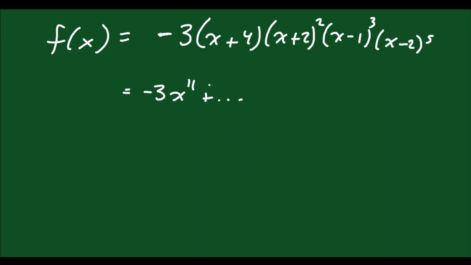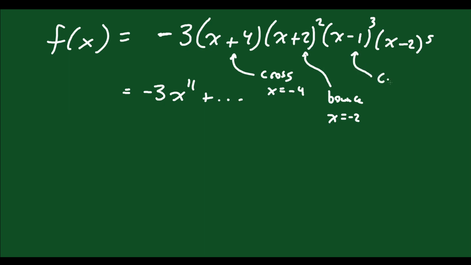So it's an odd exponent polynomial, and there's a negative on the front. So it's going to end up going down. It's going to start by going up, right? So on either end, it's going to look like this, and then something's happening in the middle. Now, what about all these factors here? What about all the roots? Well, here, you have an order of 1, so it's going to cross at x equals negative 4. Here, you're going to bounce, because it's to the 2, at x equals negative 2.